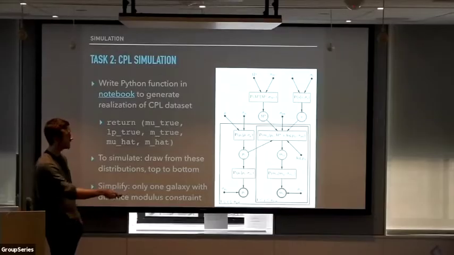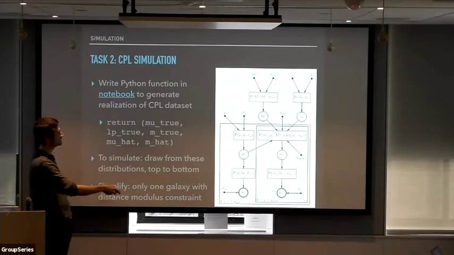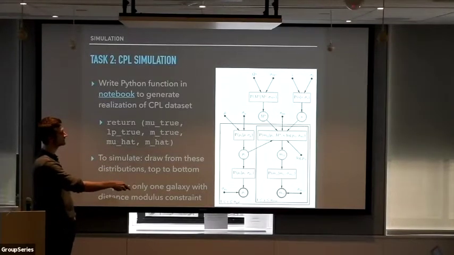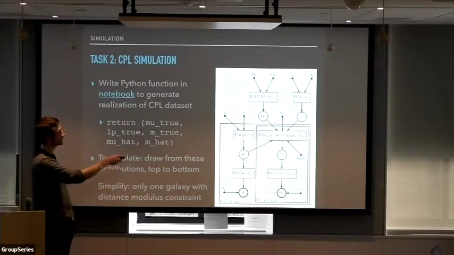Sorry, I have a question about this. So are we also drawing for things in double circles? Because I thought those were observables. So you're generating it. Essentially, the point of it is to generate this. You're going from your prior information and generating all of the true parameters.